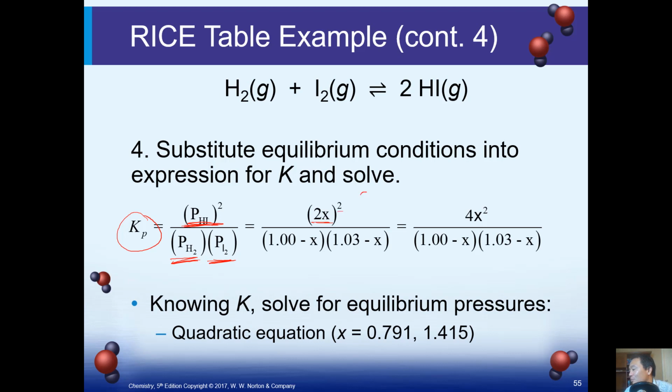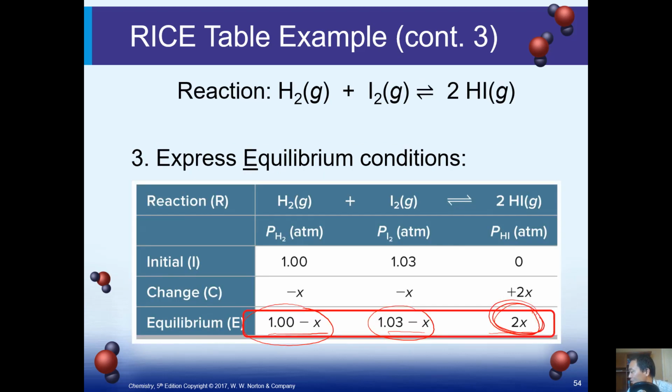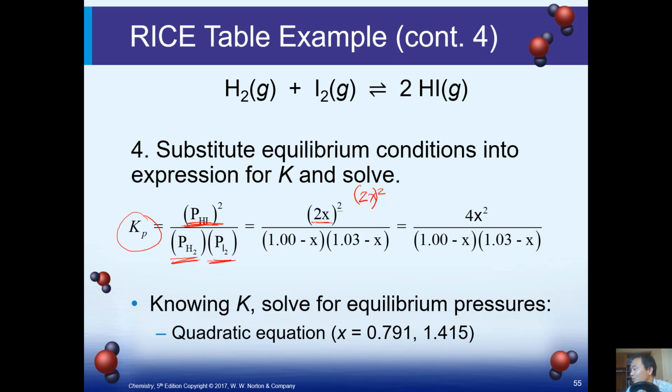If some students write it this way, that's totally wrong. It's the whole thing, 2x, which is over here. You see that 2x? It's raised to 2. That's the 2, that's why you raise it to 2, divided by the partial pressure of this and the partial pressure of that. So you write this out. Now you can solve for x.